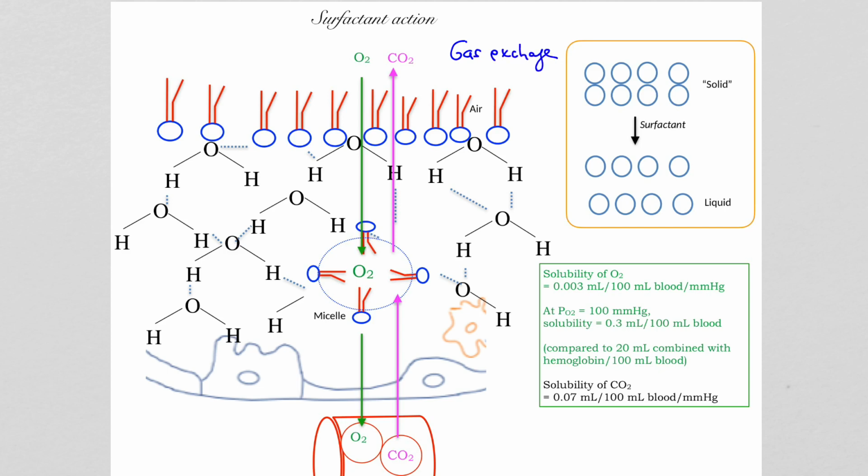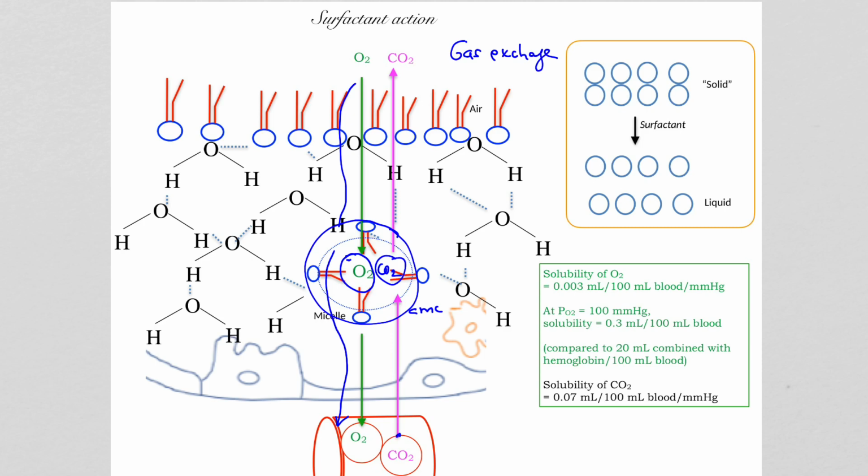And that is, once the surfactant reaches more than CMC, it can actually form micelles. And remember, the inside of micelles is hydrophobic. Oxygen is a hydrophobic gas. It can stay inside, and so is carbon dioxide. So these micelles can actually trap oxygen and carbon dioxide and help the oxygen diffuse to the blood capillary from outside to the inside.